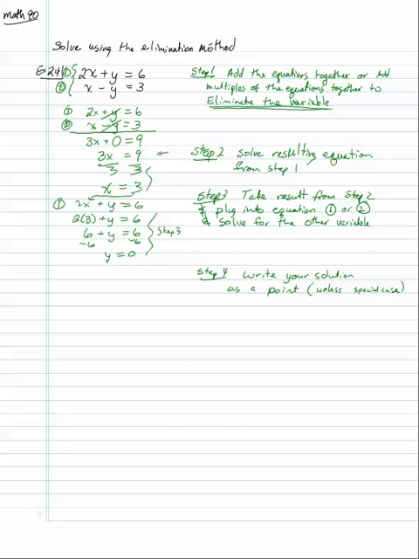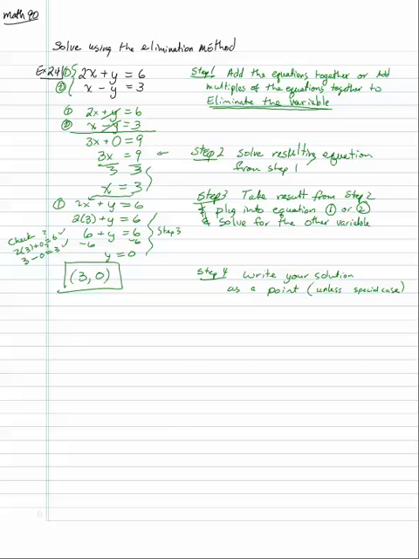Okay, so what's our solution? x is 3, y is 0. Again, you can check it real quick. 2 times 3 plus 0, does that equal 6? Yes. 3 minus 0, does that equal 3? Yes. So it checks out. And I'm done.